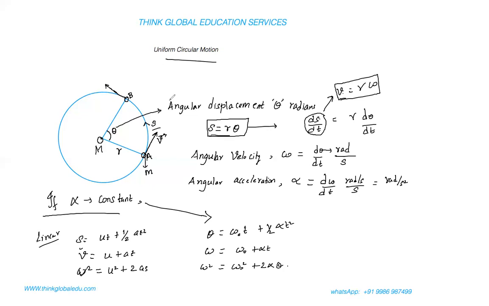And here, since the object travels in a circular path, the force on the object is directed towards the center. This force is called the centripetal force.